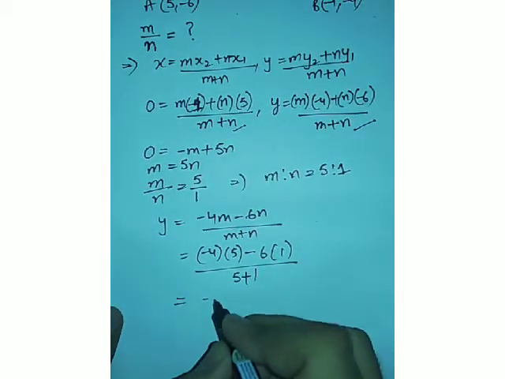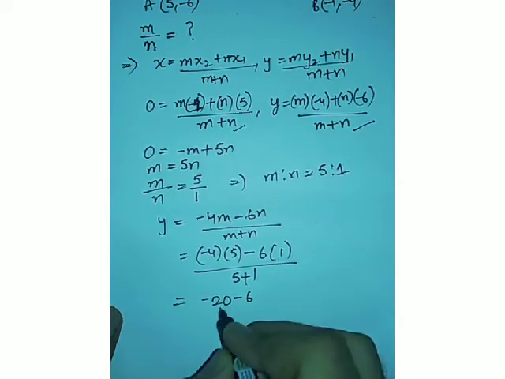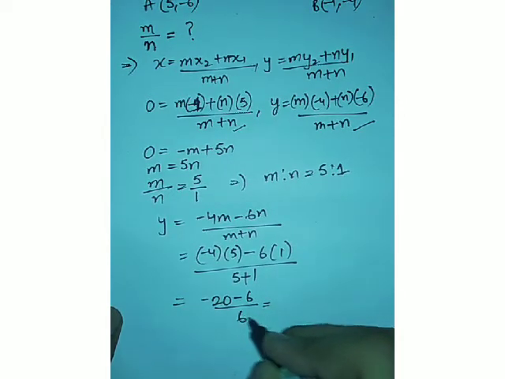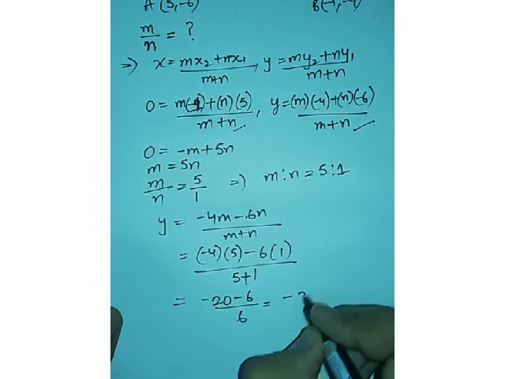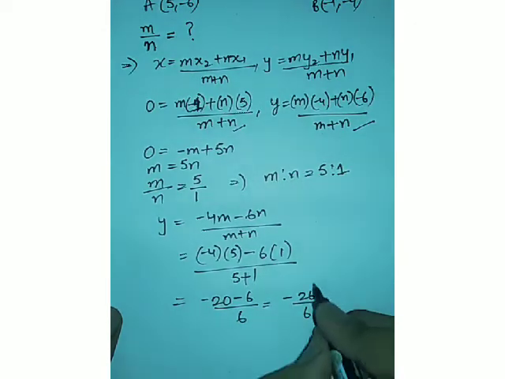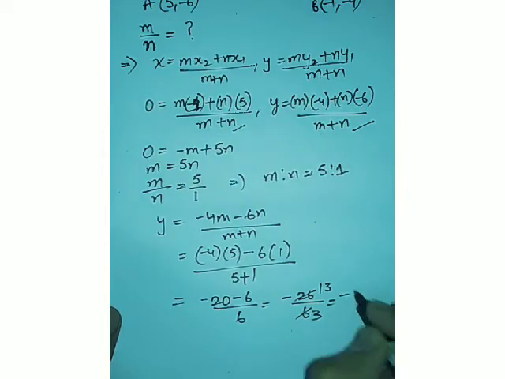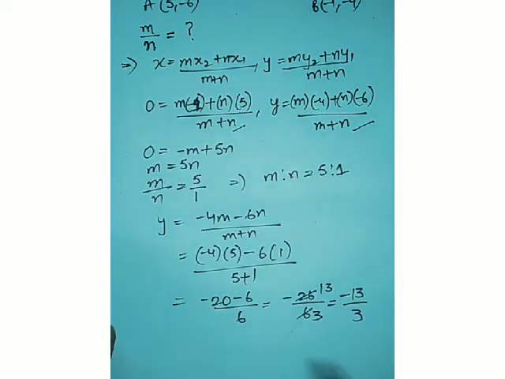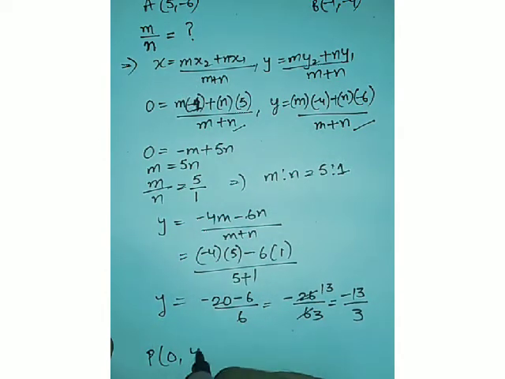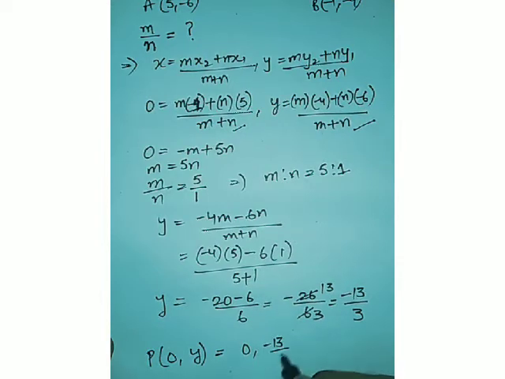You will get minus 20 minus 6 upon 6. That will be minus 26 upon 6. That can be divided. 2 3s are 6, 2 13s are 26. We will get minus 13 upon 3. So the coordinates of P are 0 comma y, which are ultimately 0 comma minus 13 by 3.